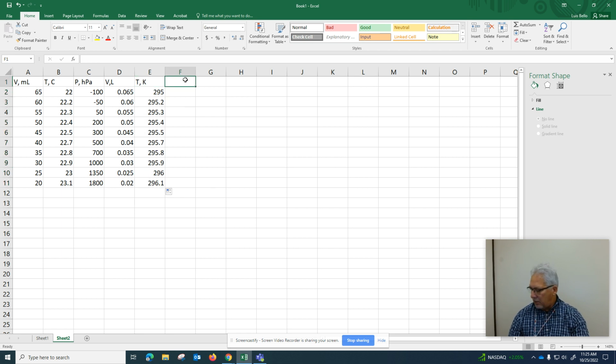The next calculation will be converting the hectopascal to ATM. I found a conversion online, and 1 hectopascal equals 9.869 times 10 to the negative 4 atmosphere. So I'm going to multiply, again with an equation that starts with equal.